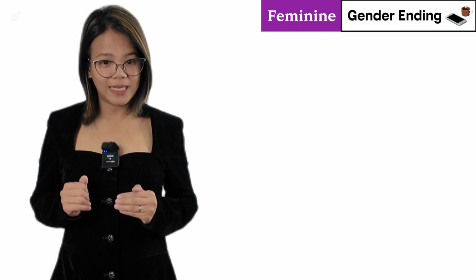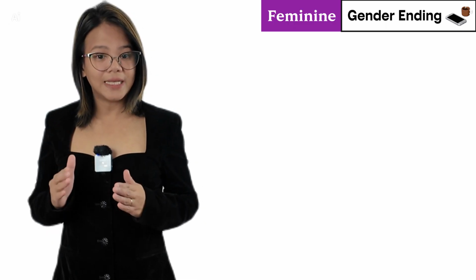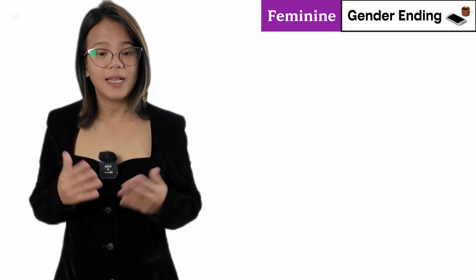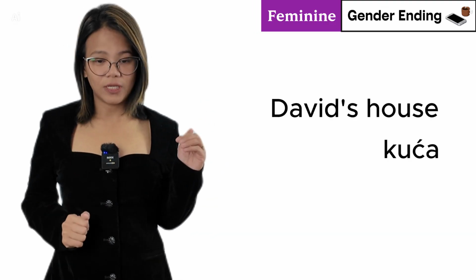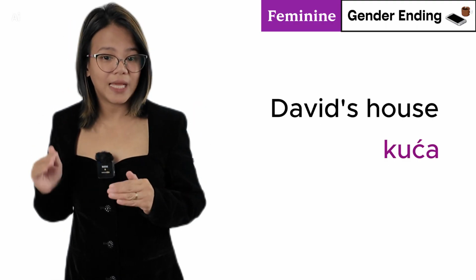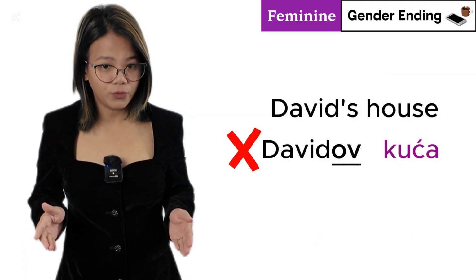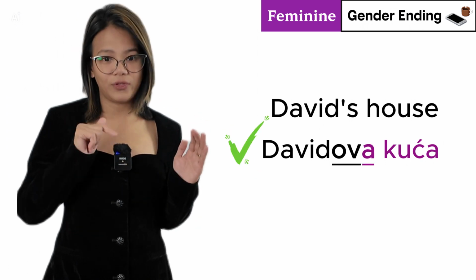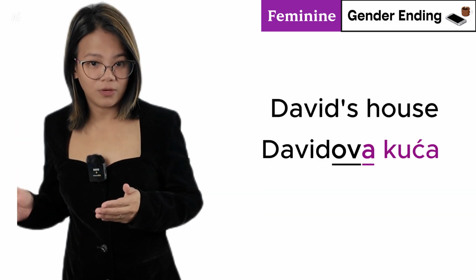Let us go to feminine nouns being possessed. As you remember, most nouns ending in a are feminine. Let us use the word kucha, which means house. David's house. Now, the noun being possessed is feminine, so we must apply the feminine rule. The rule is you add a after ov or in. So for David's house, it will not be Davidov kucha. Instead, we add a after ov because kucha is feminine. The ending should match the noun.